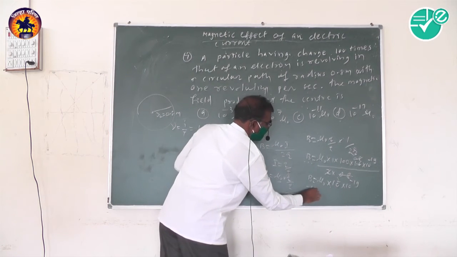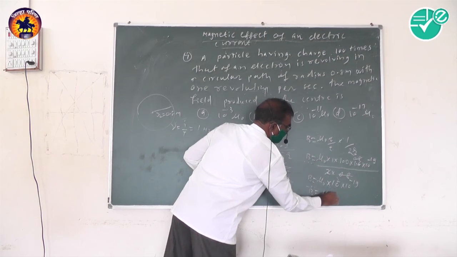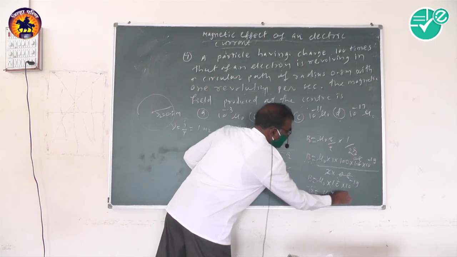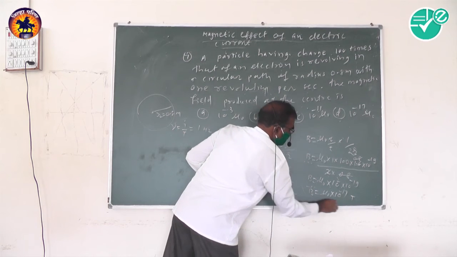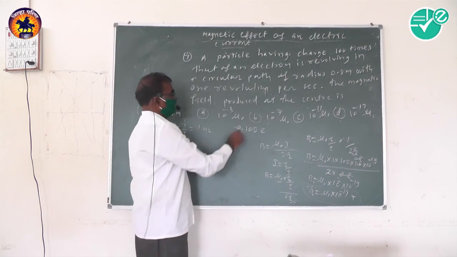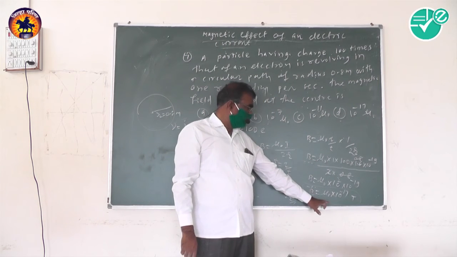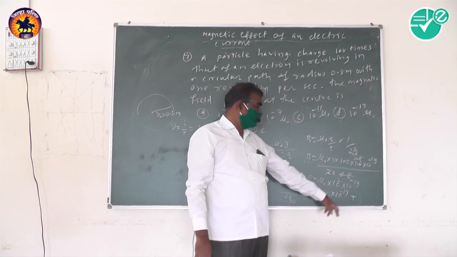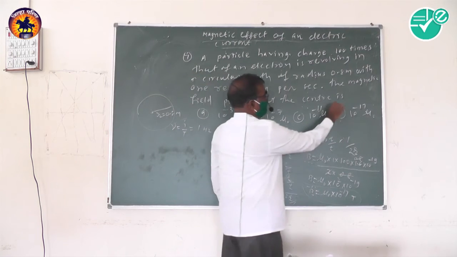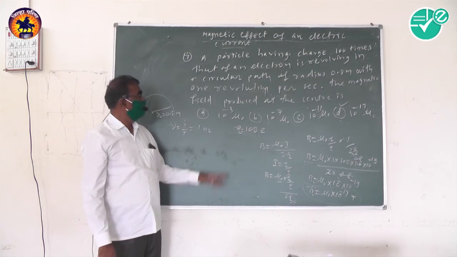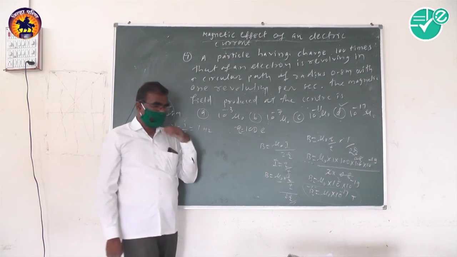That is B equal to mu 0 into 10 raised to minus 17 Tesla. That is the answer: the magnetic field produced at the center is B equal to mu 0 into 10 raised to minus 17 Tesla.